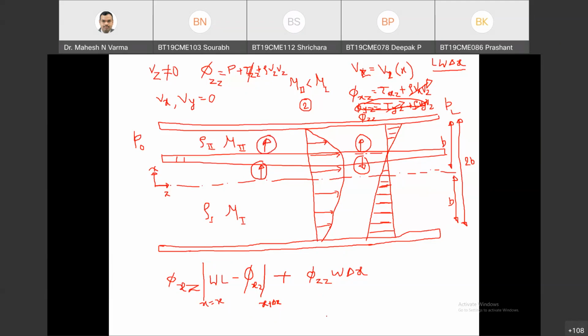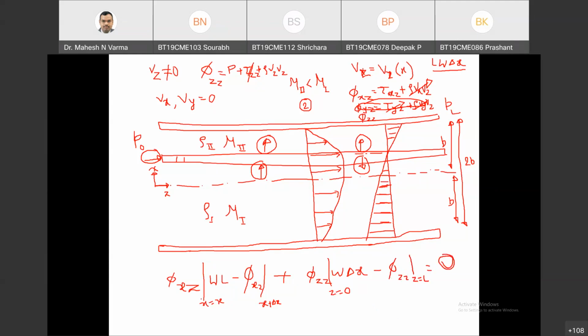Phi zz, z momentum coming into my differential shell in z direction, at z equals 0, minus phi zz at z equals L, that is equal to 0, because there is no gravitational force.